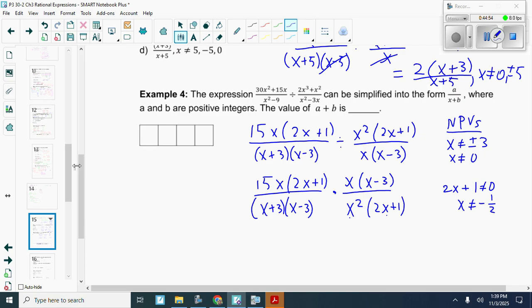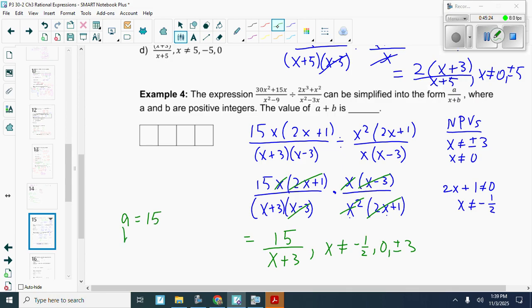Now we can simplify, my favorite part. We're left with 15 on the top and x plus 3 on the bottom. And it wants to know, a is equal to 15, b was equal to 3, and it wanted to know a plus b, which gives us 18.